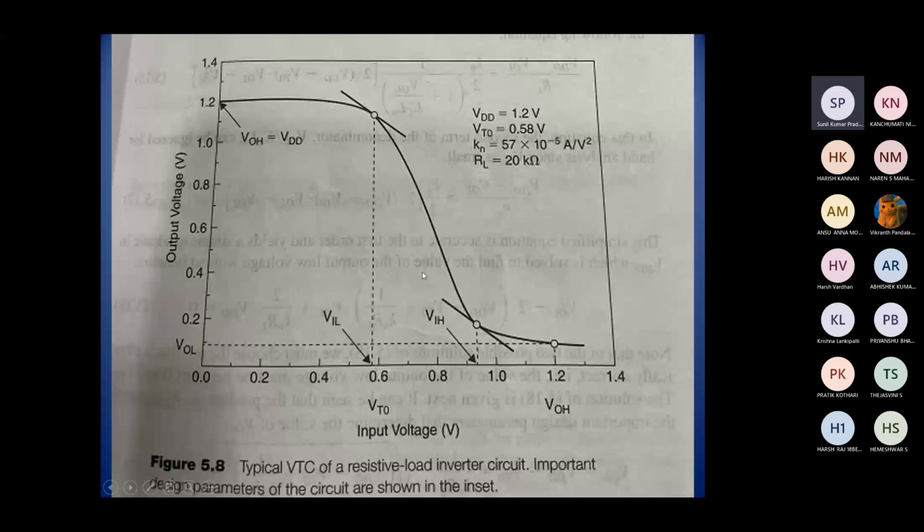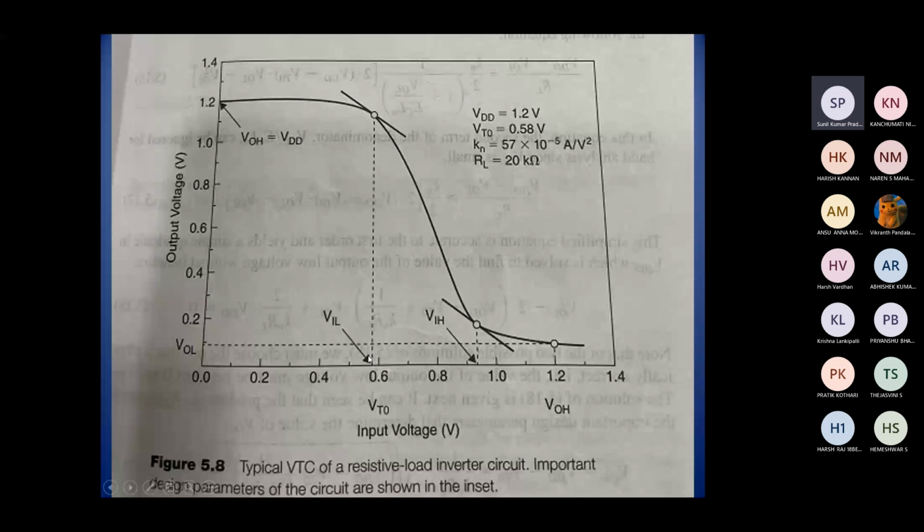Very good. And if you can see here, initially it is parallel to the x-axis, that is, parallel to the input voltage.